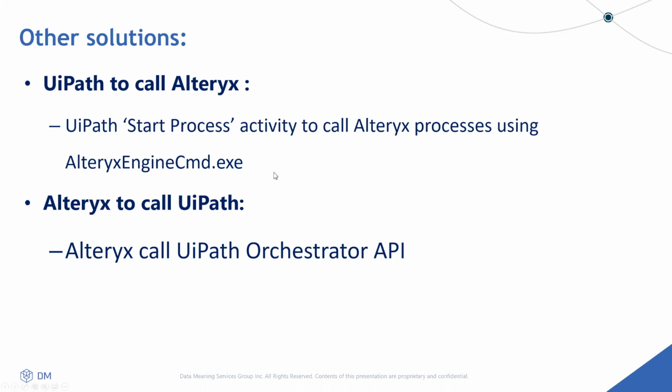In Alteryx, we have an executable called AlteryxEngineCmd.exe, which does something very similar to UiRobot.exe. So you can execute that workflow and leverage this executable. One thing to mention here is that if you want to allow this to run, you need an extra license for automation. This is one thing to keep in mind.